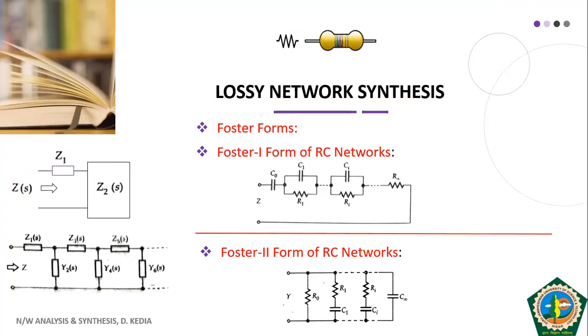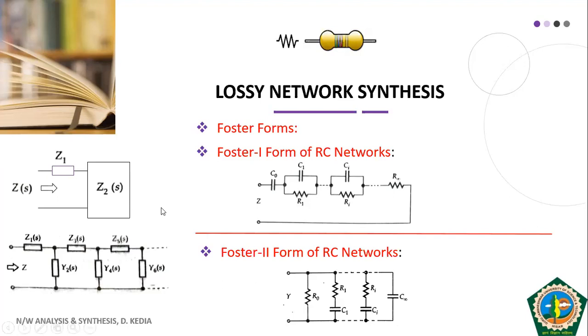And we all know that Foster forms are of two types, Foster 1 and Foster 2. So for RC network, we will have Foster 1 and Foster 2. Similarly, for RL networks also, we will have Foster 1 and Foster 2. So let us start with Foster 1 form and Foster 2 form of RC networks.